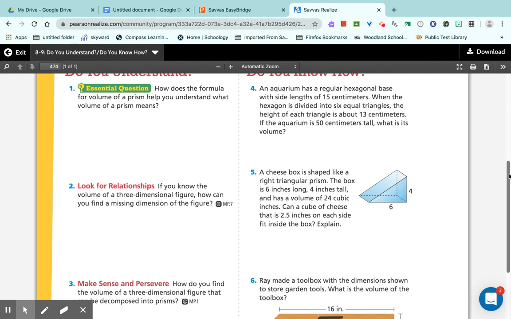All right, so you have something similar to this, and then you would divide it out into the pieces.